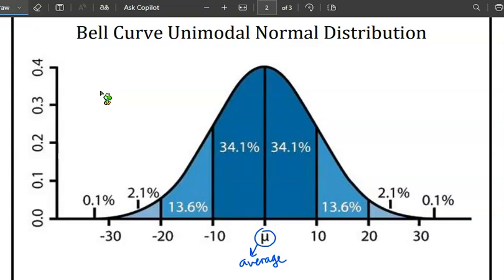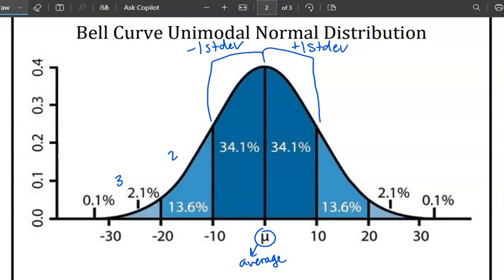The dark blue is one standard deviation. And this one's one standard deviation on the other side of it. Two standard deviations, 3 standard deviations, and so on.